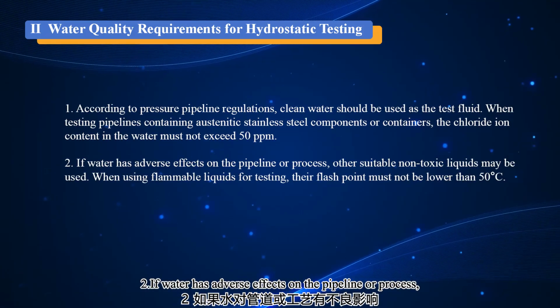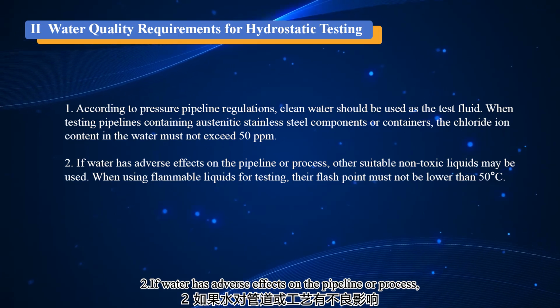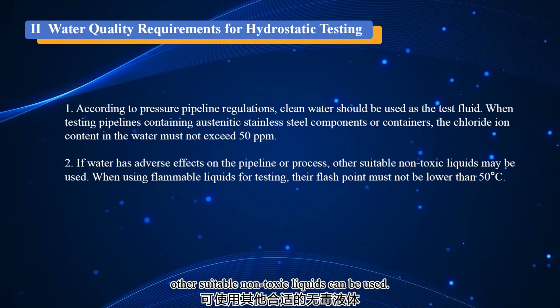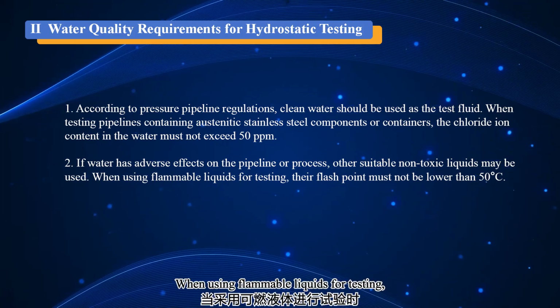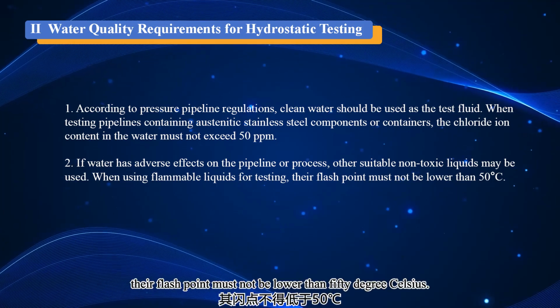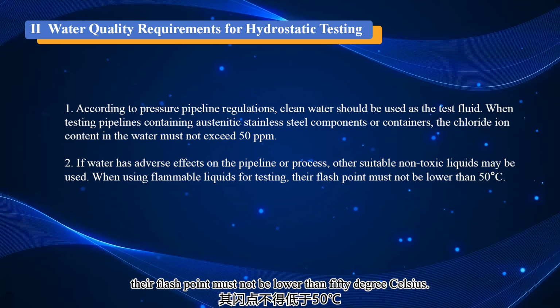Second, if water has adverse effects on the pipeline or process, other suitable non-toxic liquids can be used. When using flammable liquids for testing, their flash point must not be lower than 50 degrees Celsius.